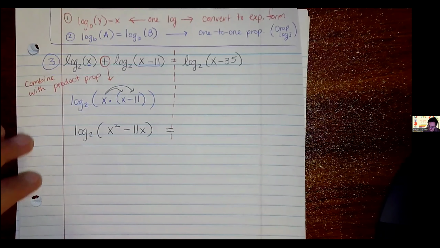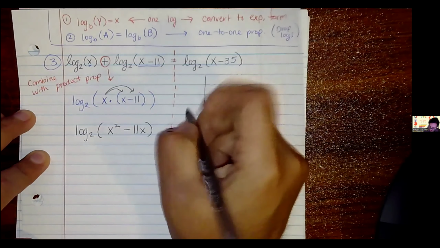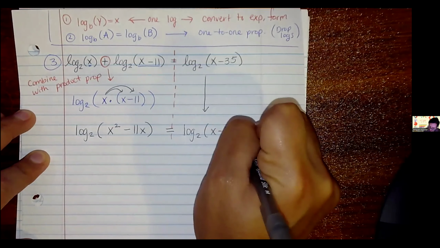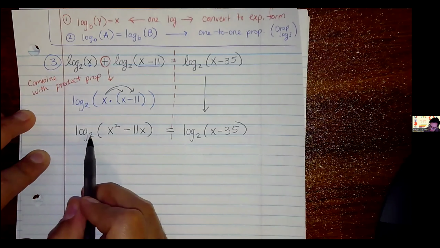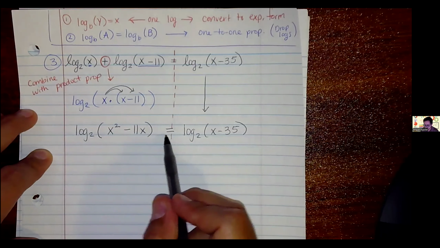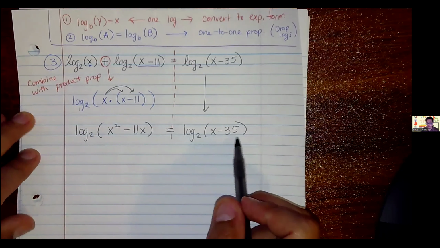Okay. And this guy over here, I didn't really do anything with it, so I'm just going to bring it down, and now I have this equation where I have log base 2 of x squared minus 11x is equal to log base 2 of x minus 35.